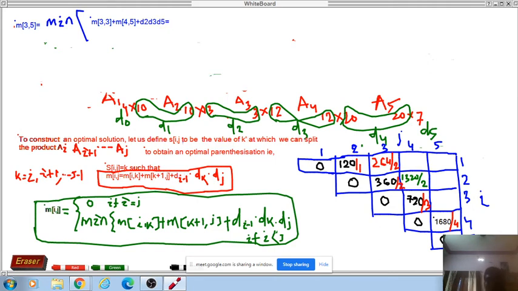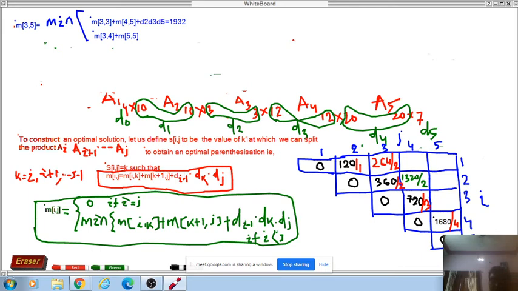That value will be 1932. You go on calculating. Okay. Next part will be how much? Who can tell me? M of 3 4, you make k plus 1, plus M of 5 5.